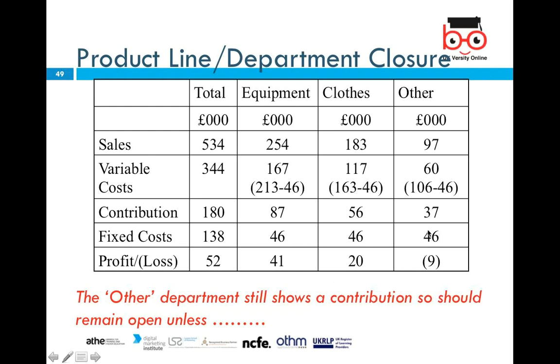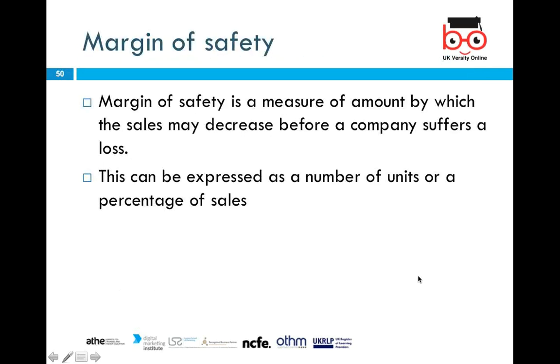So the other department should continue because it's still contributing: sales minus variable cost is the contribution. But the fixed cost is much higher than the contribution, that's why it's making a loss. But if it's shut down, it makes more loss, more harm to the production or the company.